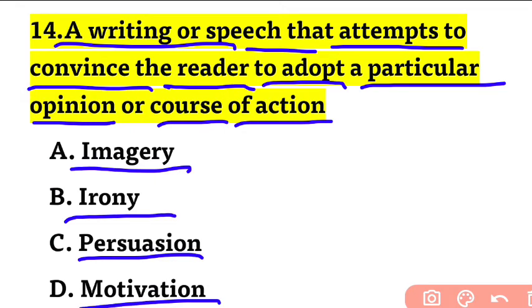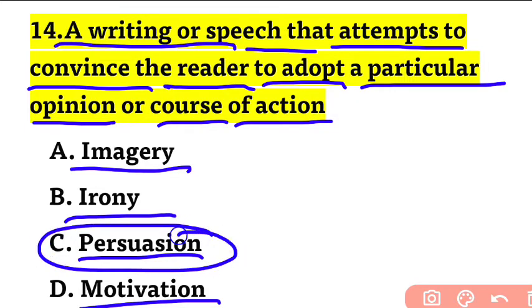What will be the answer? A writing or speech that attempts to convince the reader to adopt a particular opinion or course of action is called persuasion.